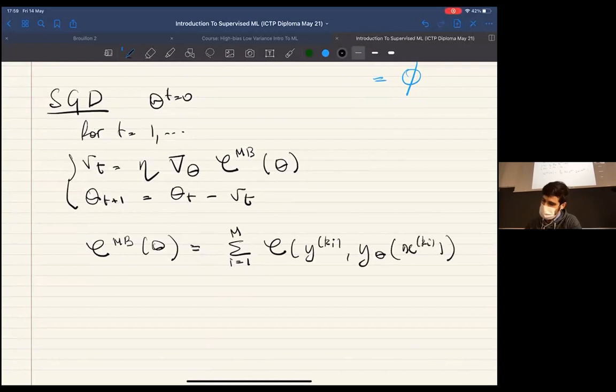This index here, in reality, also depends on k, on which mini batch you are choosing.